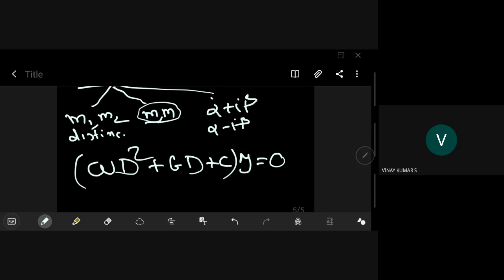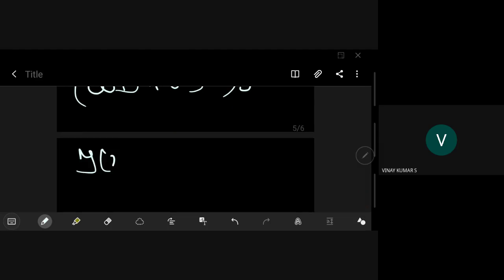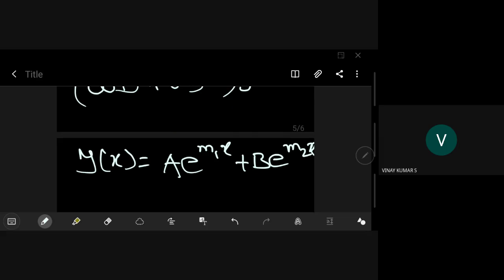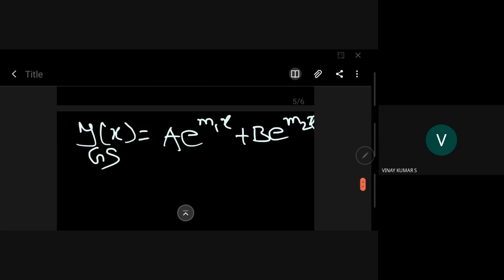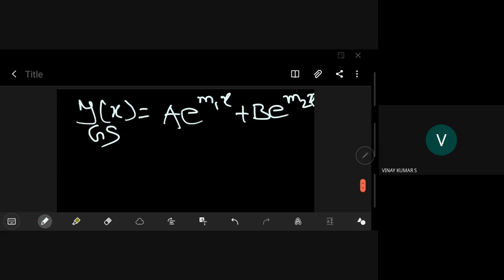For this one, the general solution, y of x, if it is the first case, m1 and m2 are different real numbers, then a e power m1 x plus b e power m2 x is the solution here. General solution, we call it GS.